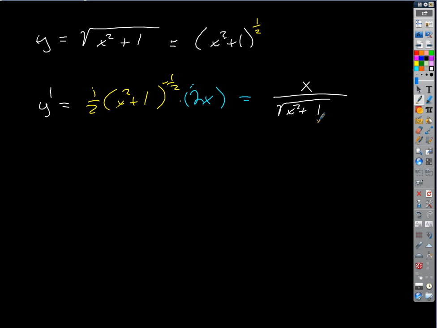Never mind, because it's a negative 1/2, it goes to the bottom. Get the idea? It's just layers. We have to go layer by layer from the outside in. 2 times 1/2, so these just cancel.